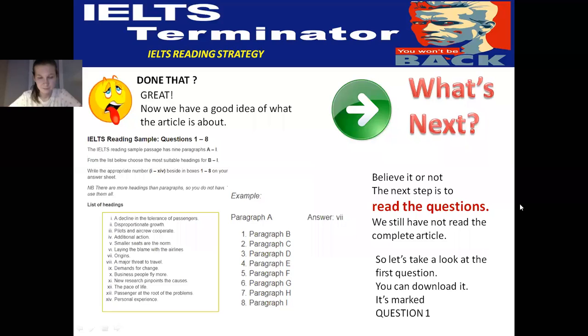So what's next? Now we read the questions. Not before, after. In listening, we have to read the questions well in advance. In reading, we see what the thing is about, and then we look at the questions. Now, we haven't read this article yet, right? We just got a pretty good idea what it's about.